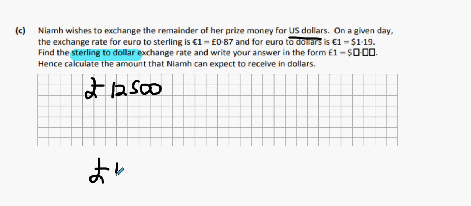Okay? You change that into euro. Are you expecting a bigger number than 1 or a smaller number than 1? Bigger. So you can either divide by 0.87 or you can multiply by 0.87. What's your choice? Why don't you test them both out and see whichever one is bigger? I know it's 1 divided by 0.87.